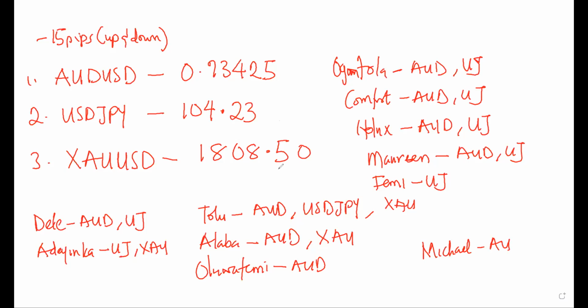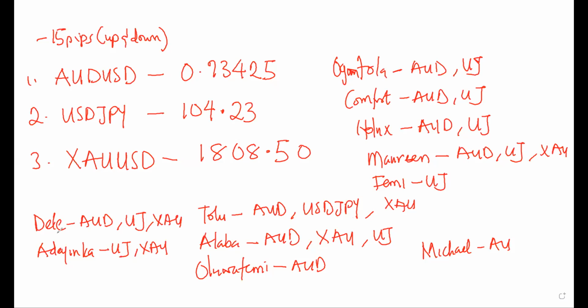I have so many responses now. Dele, XAU done. Dele, you are done finally. Alaba, UJ done. Alaba is done finally. Tolulope, XAU done. You are done. iPhone, you wrote AUX USD, but I know what you meant. That's Maureen. Maureen, XAU done.